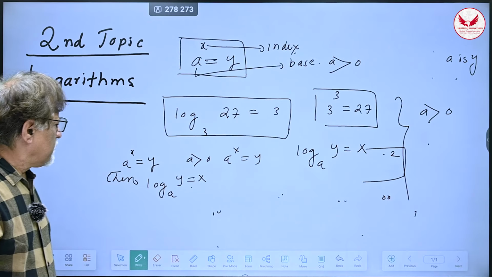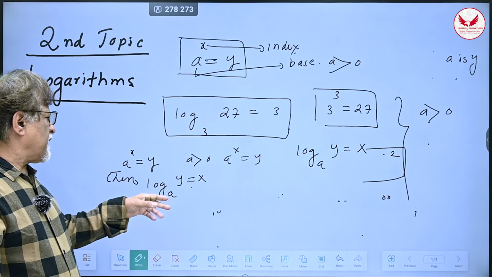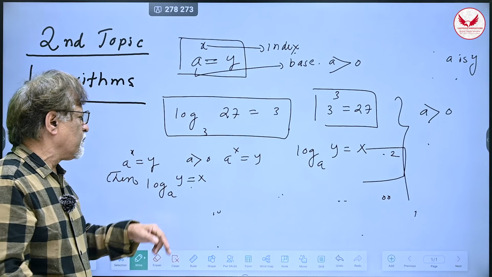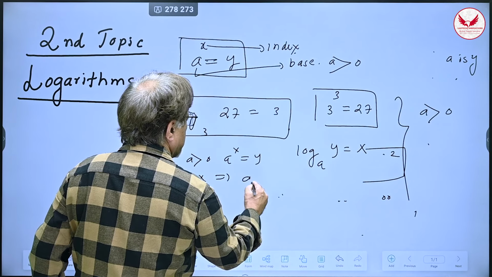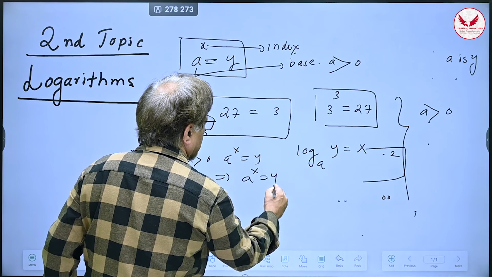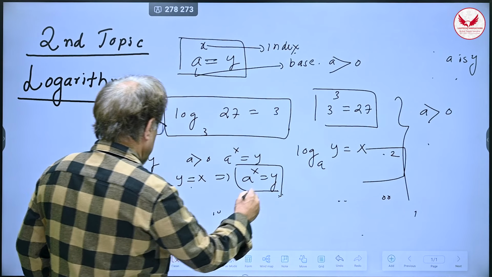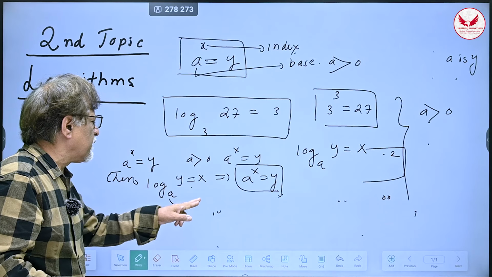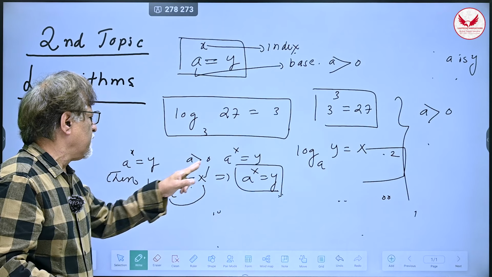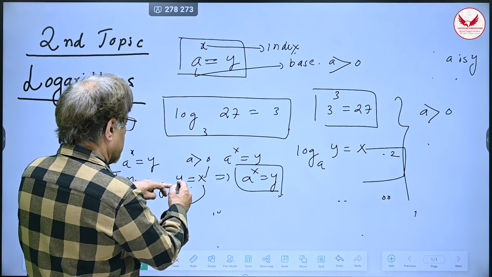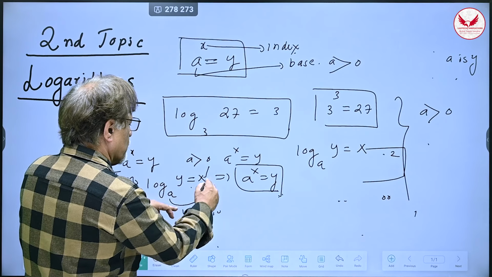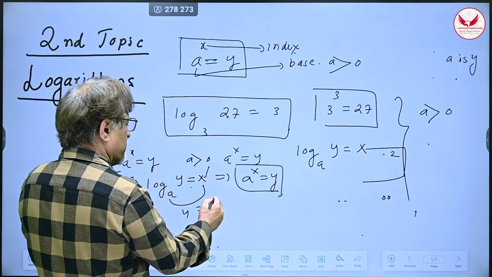So in other words, when I say log of y to the base a, I know that a raised to x is equal to y. Okay. So this a from here, it comes here, this x goes up and this y remains here, correct? So you can clearly see this y remains here, this a goes here, right? And this x becomes the power.